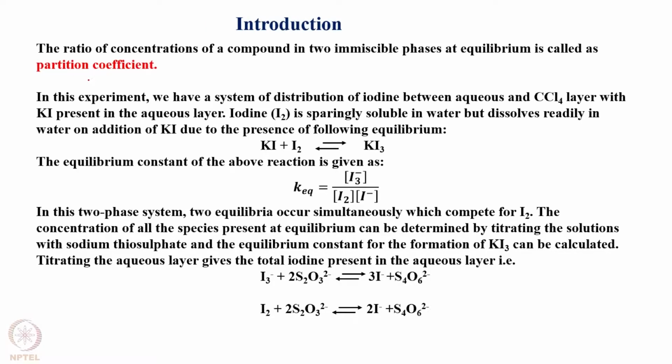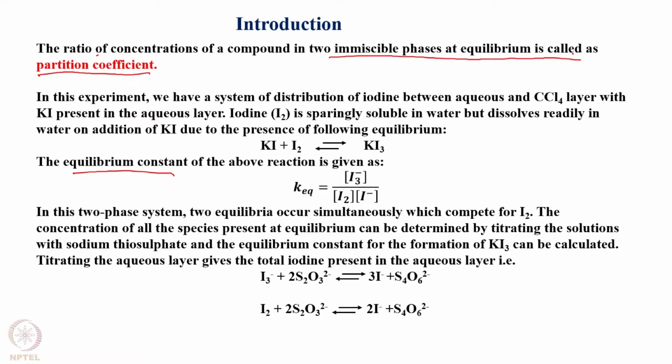In today's experiment, we'll be doing two things. The first one is the calculation of partition coefficient, and the second one is the calculation of equilibrium constant. Partition coefficient is defined as the ratio of concentration of a compound in two immiscible phases at equilibrium.